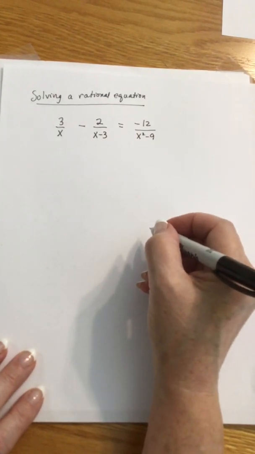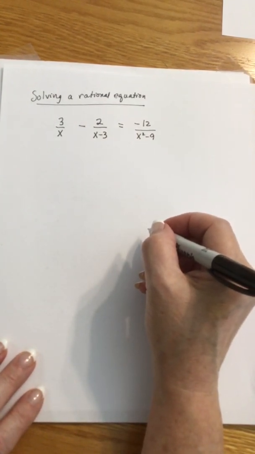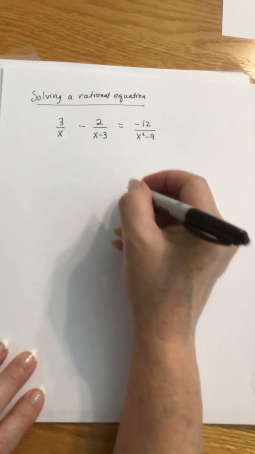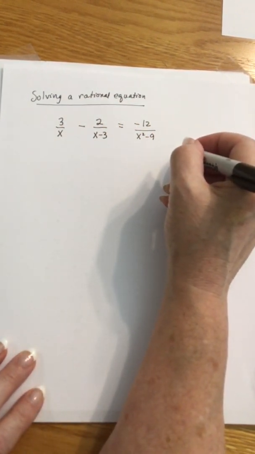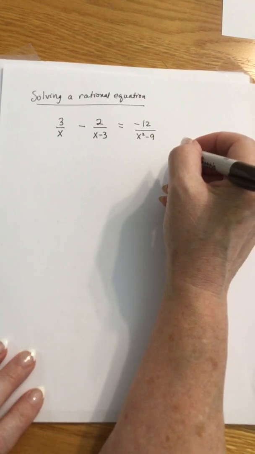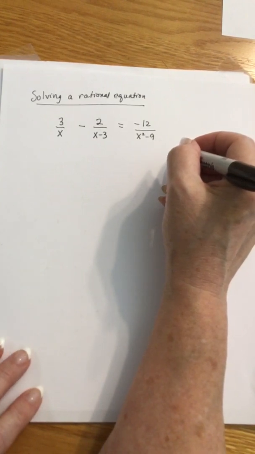So we have an equal sign, so we have an equation. We have rational expressions because we have numerators and denominators. So now we're going to look and see if we can find the common denominator. The denominator is the bottom of the fraction.